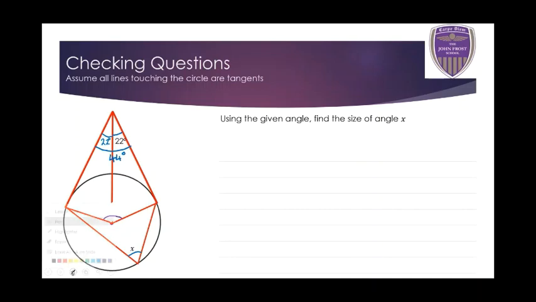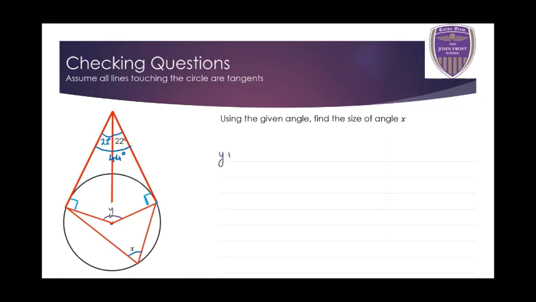Okay, and because we've got radiuses meeting tangents on the left and on the right here, that must mean that we've got two right angles here. And if we look at the whole shape now, we've got a quadrilateral going on here. So let's call the purple angle Y for now.